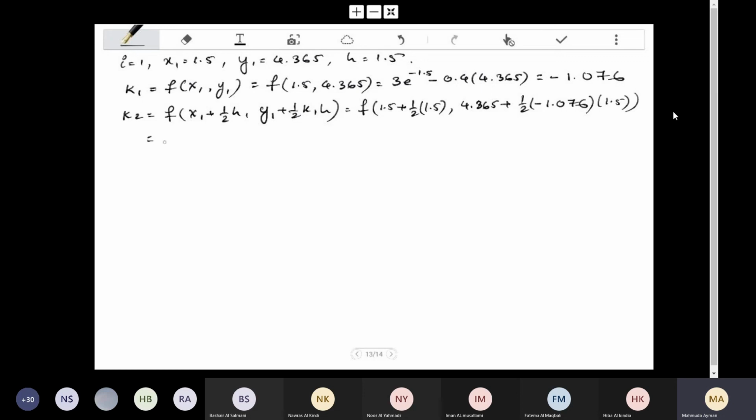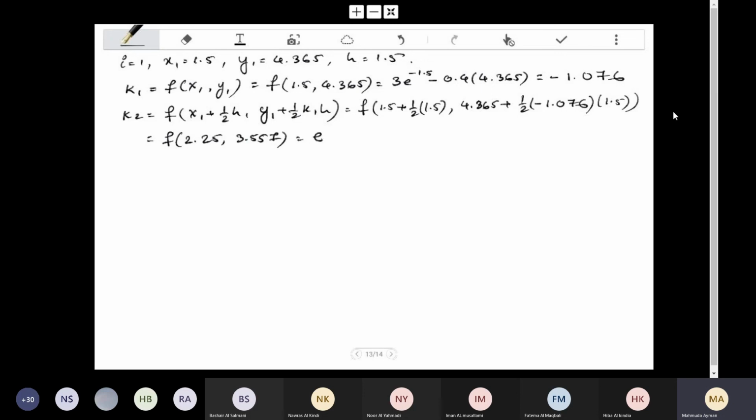So we have here the function at 2.25 comma 3.557.